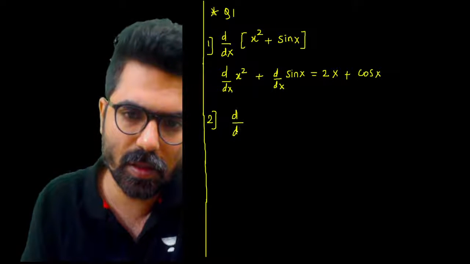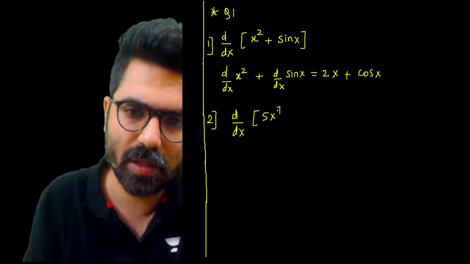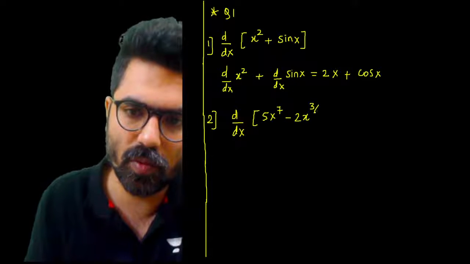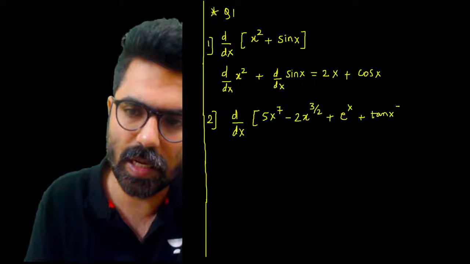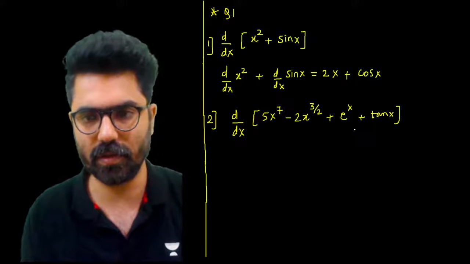Second one, d by dx of 5x power 7 minus 2x power 3 by 2 plus e power x plus tan x. Again the easiest one. Here we have just added a few more functions.